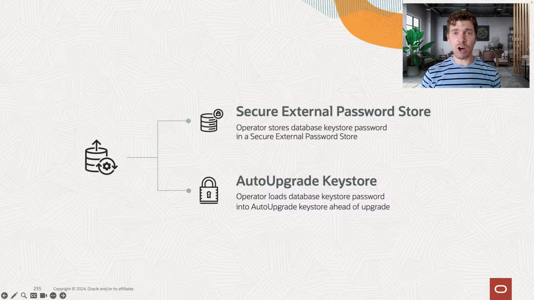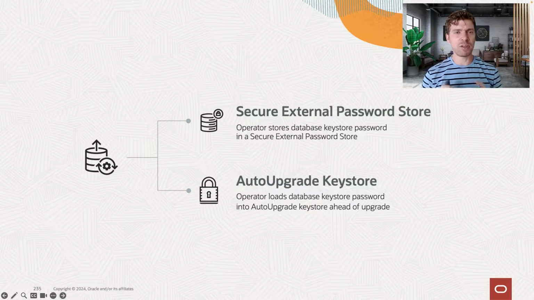And the second option is to add the TDE key password in an AutoUpgrade key store. So what AutoUpgrade will do is ask you for those passwords, and then it's going to securely encrypt those passwords and store them in the AutoUpgrade key store so we can use them when it executes the create pluggable database and alter pluggable database commands, okay?